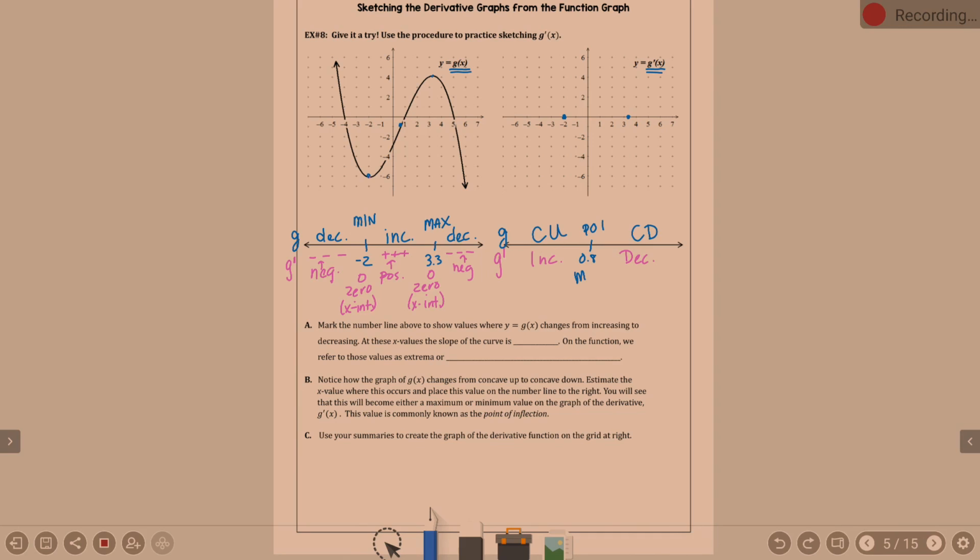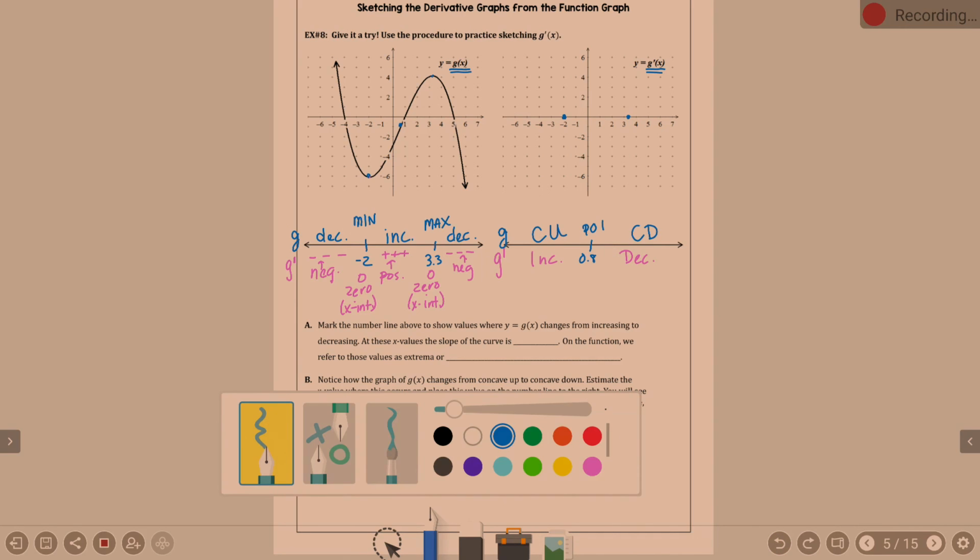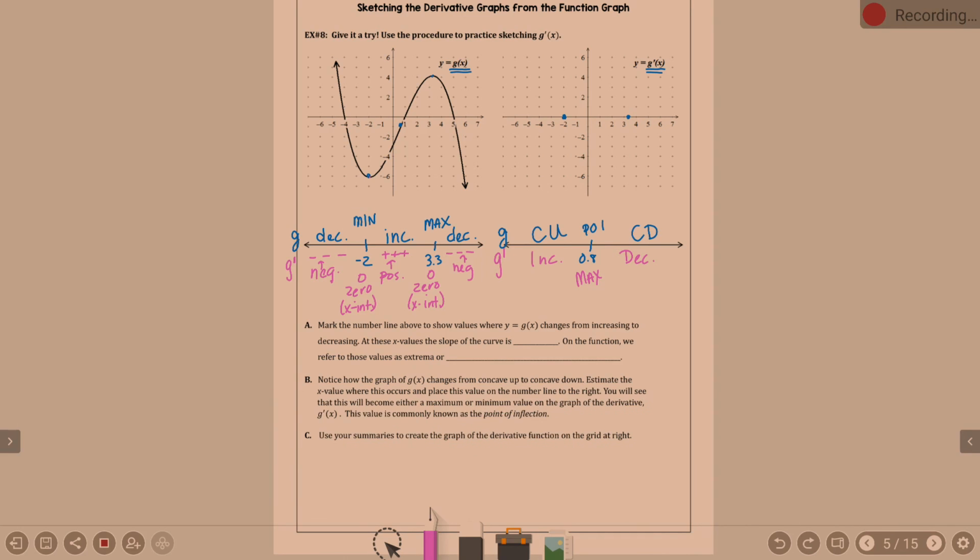Now, do we know how high this graph goes? No. I don't think we do. Okay, so on this graph, before -2, it was a decreasing graph, which means the slope is negative. Where is a negative slope?